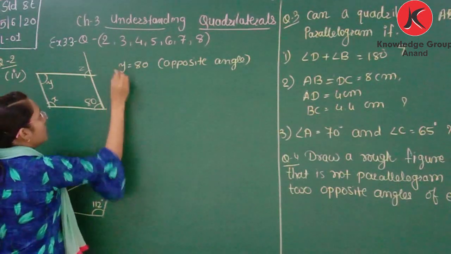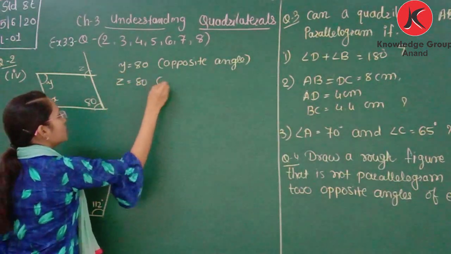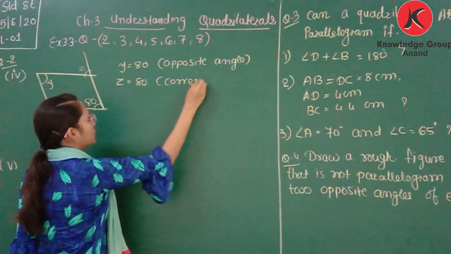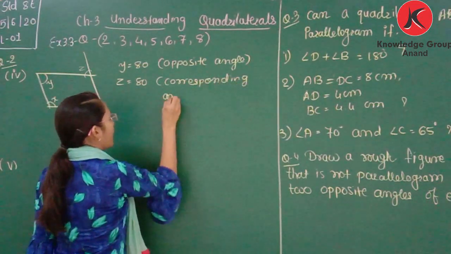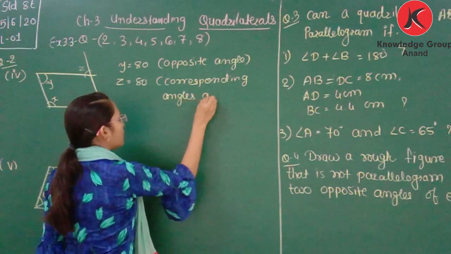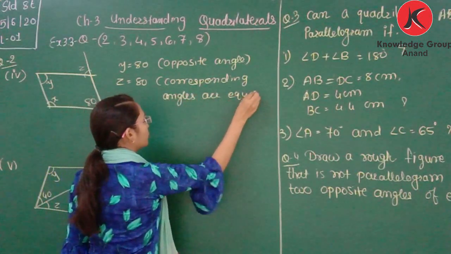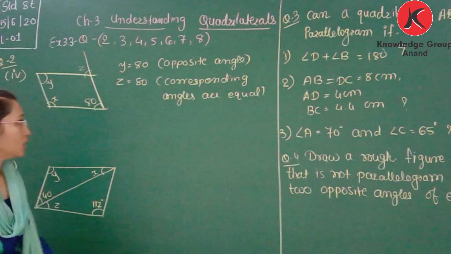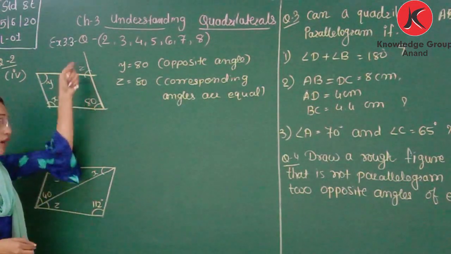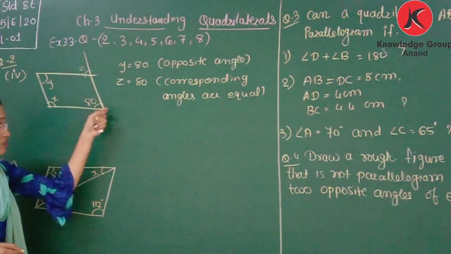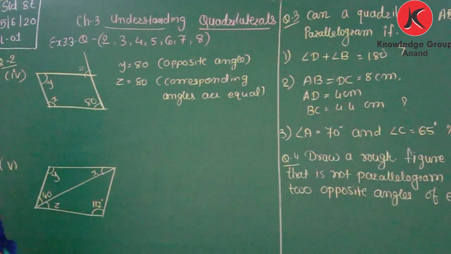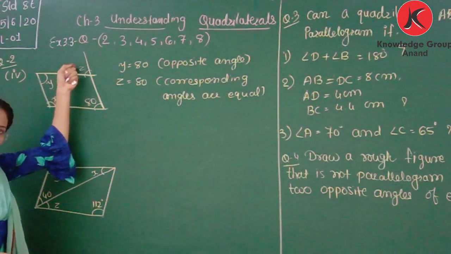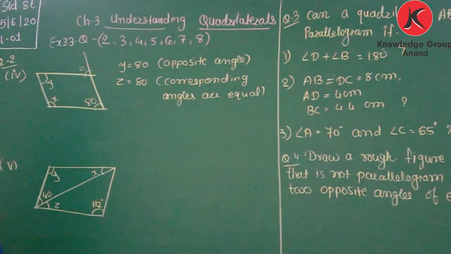So z is also 80, reason: corresponding angles are equal. If these two correspond, this line is considered a transversal and the sides of a parallelogram, we know, are parallel to each other. So these two are corresponding angles and corresponding angles will be equal.